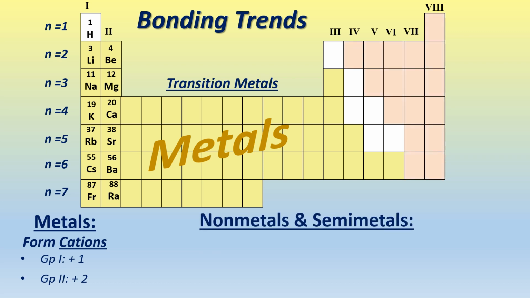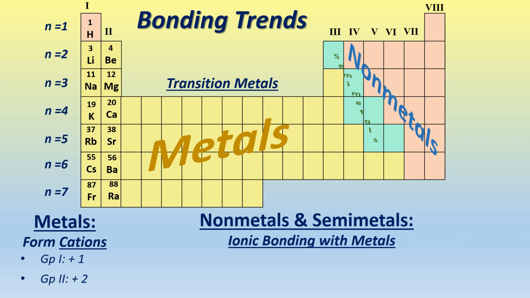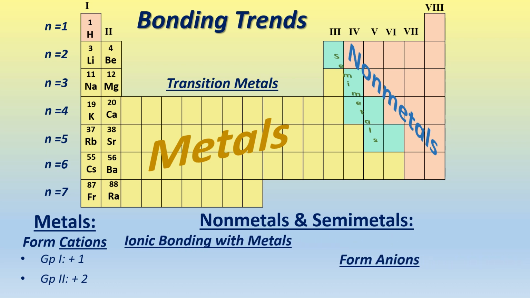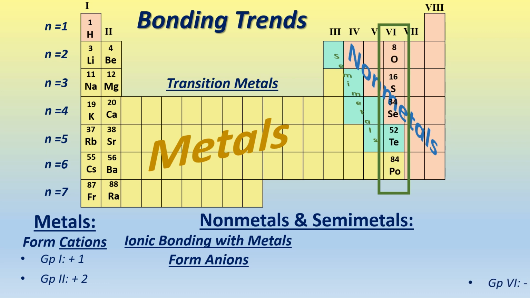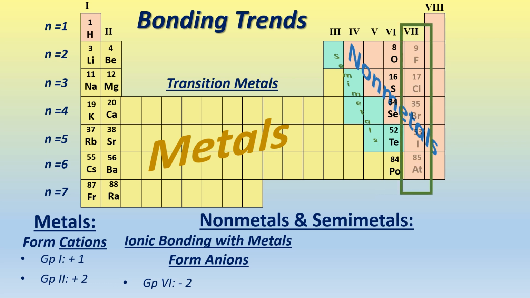Nonmetals and semimetals have several options. When bonding with metals, they form ionic bonds, where they form the anions, with group 6 always forming a charge of -2, and group 7 always charging -1. This again is to make sure that everything can reach the noble gas configuration.